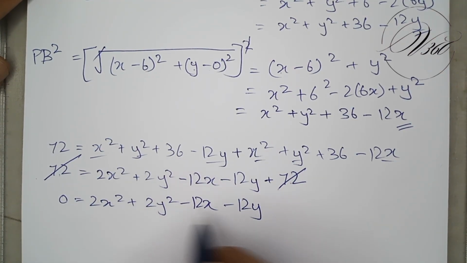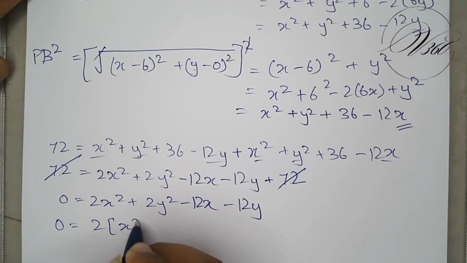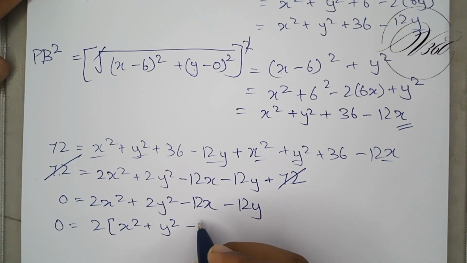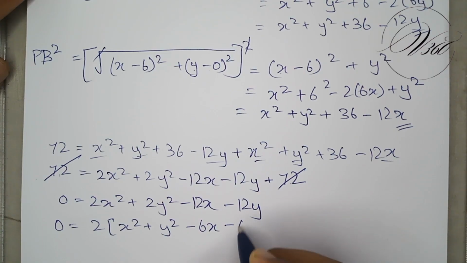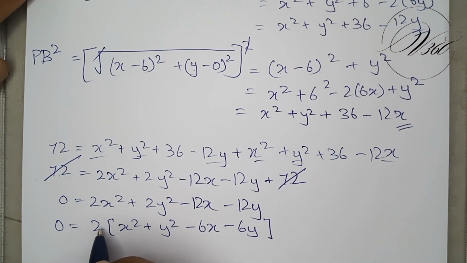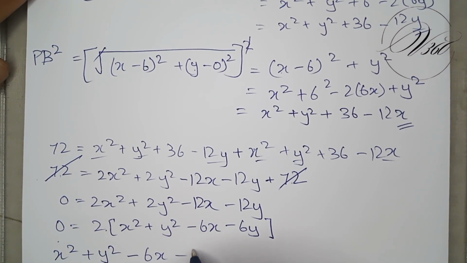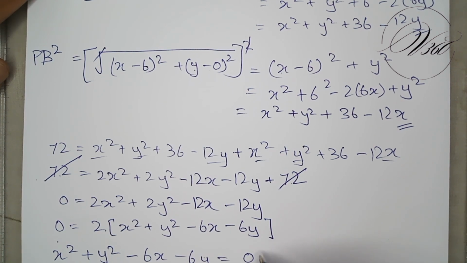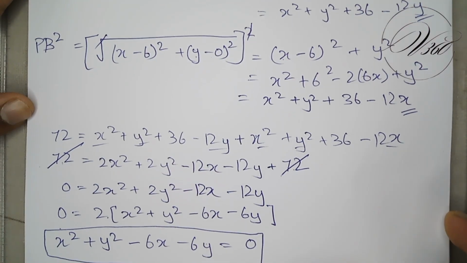In this we can take 2 common: 0 is equal to 2 of x square plus y square minus 6x minus 6y. Now if we take 2 from the right side to the left side, we get 0 by 2, which is 0 again. So we get x square plus y square minus 6x minus 6y is equal to 0. So hence we have got the required equation of the locus.